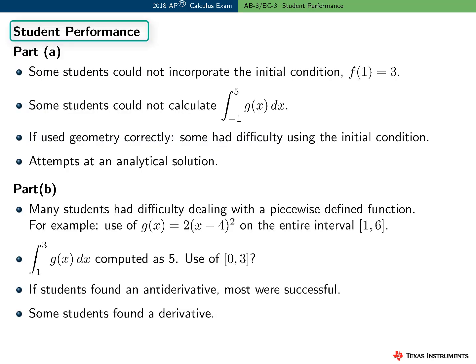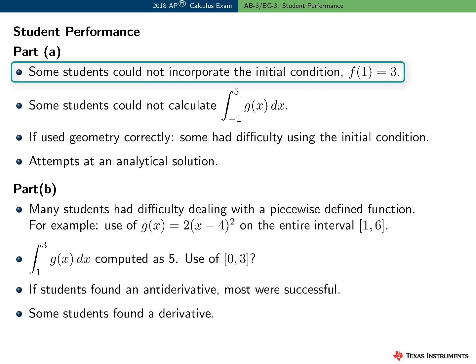Here are some general comments about student performance on this question. In Part A, there were some students who had trouble simply starting this problem. They didn't know where to begin. Some students seemed to understand the need to use the initial condition, but couldn't determine how to do so.